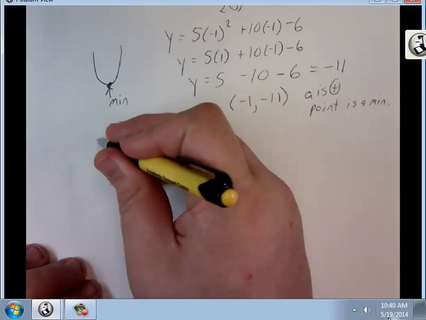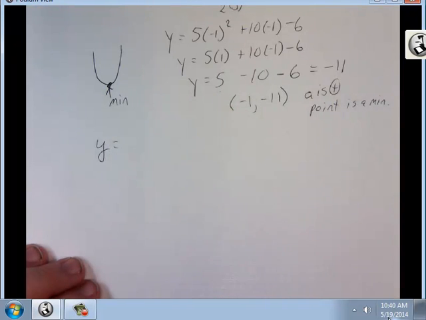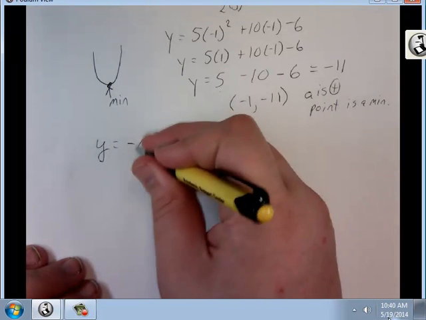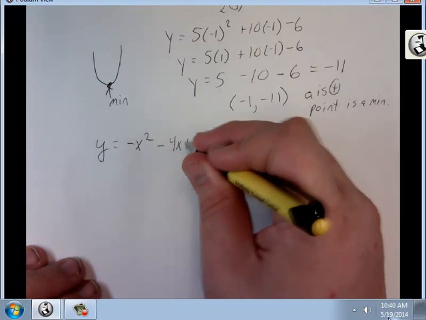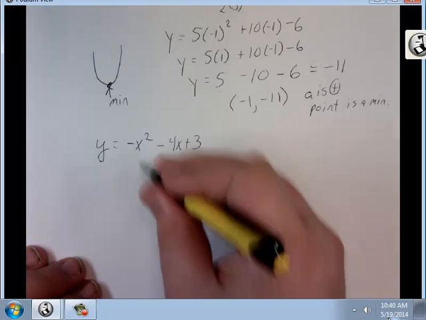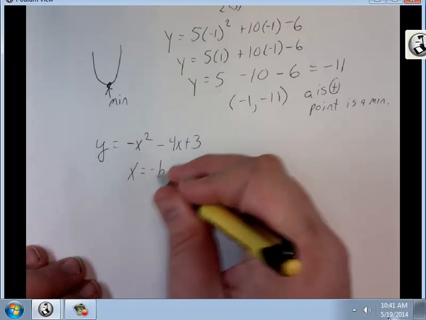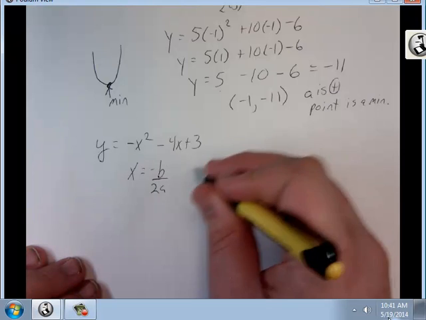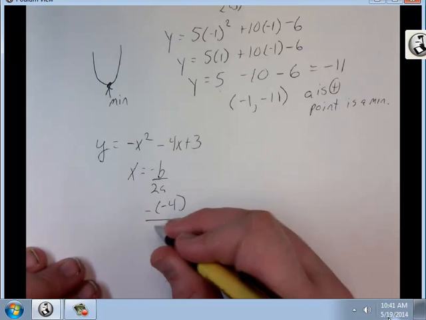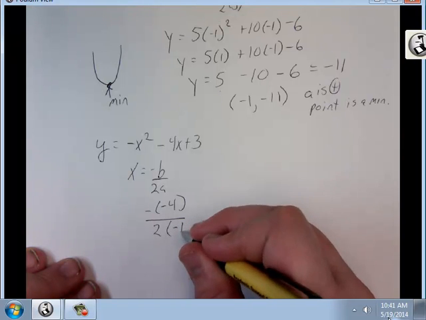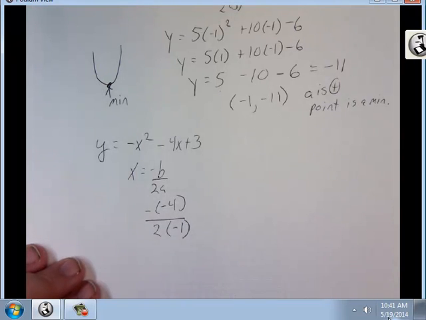Let's say we had y equals negative x squared minus 4x plus 3. Well, x equals negative b over 2a. So we have negative 4 over 2 times negative 1, 4 over negative 2, which equals negative 2.